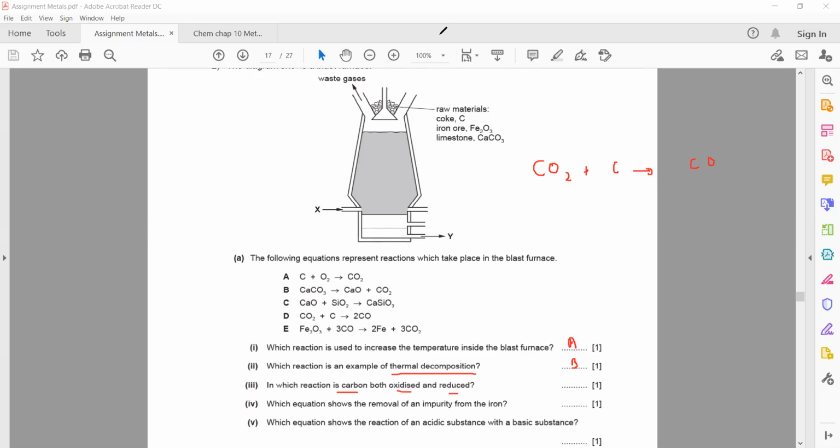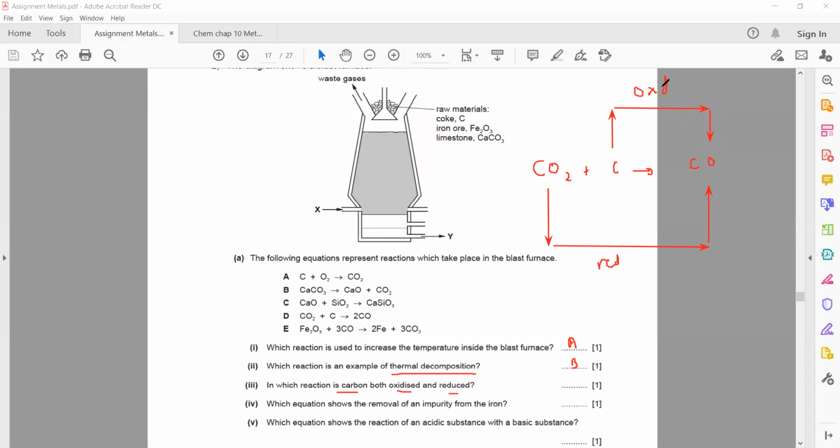So with respect to carbon dioxide, first it is carbon dioxide, then it becomes carbon monoxide. Whenever there is removal of oxygen we call it reduction, and carbon becomes carbon monoxide, it means addition of oxygen. Addition of oxygen we call oxidation.